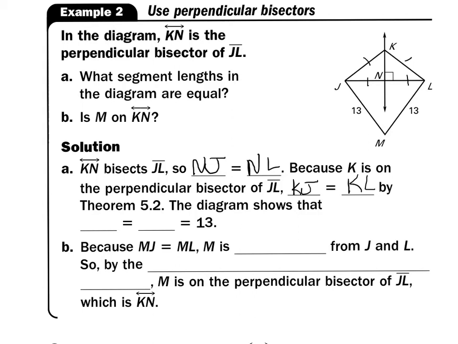The diagram shows that MJ is also ML, which they marked as 13.